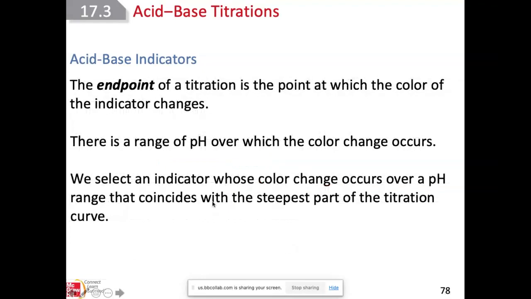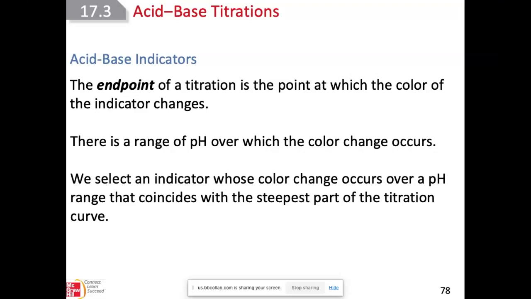As I was saying, the endpoint of a titration is the point when the color of the indicator changes, and there is a range of pH over which the color can change. It's not a specific point of pH, it's a range.